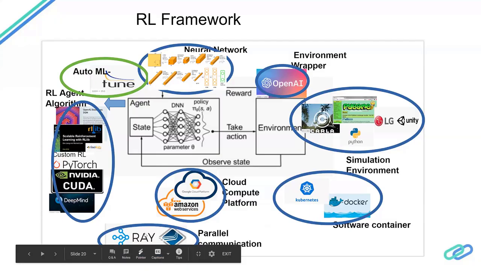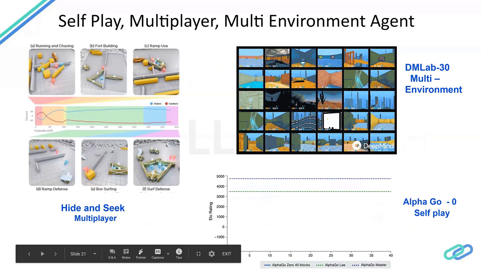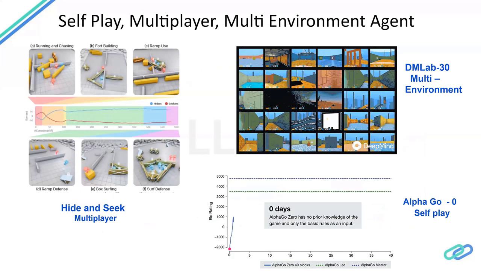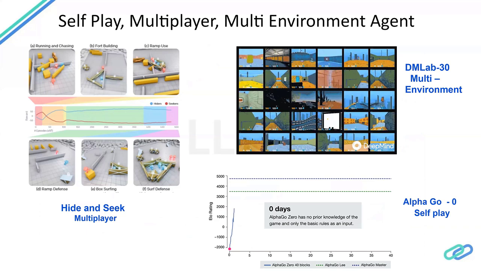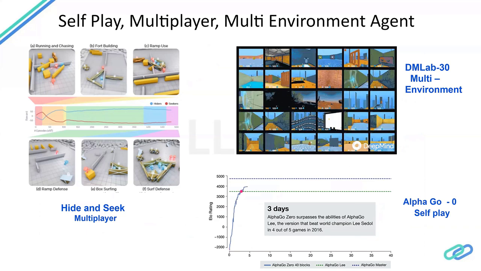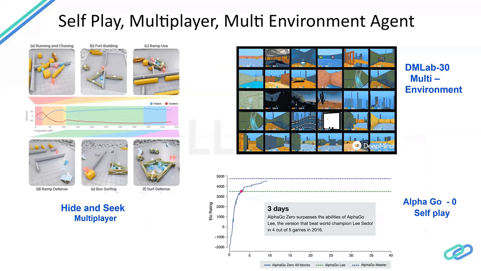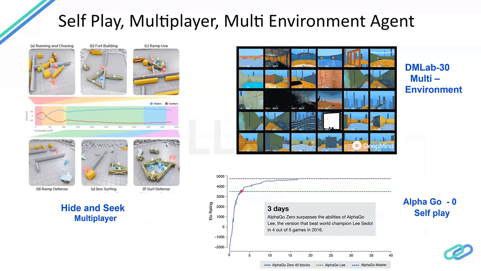That's what I've mentioned here. So there are a lot of pieces of the puzzle. I try not to go into too much detail, but reinforcement learning is a very broad topic, so we cannot cover everything here.